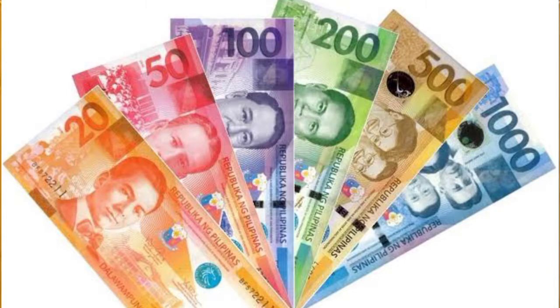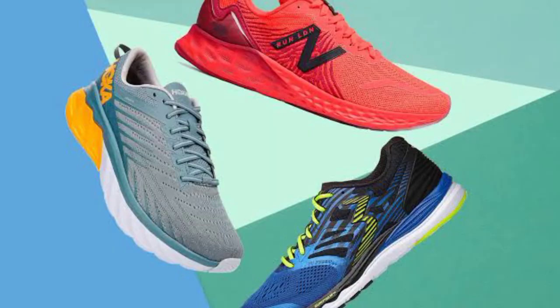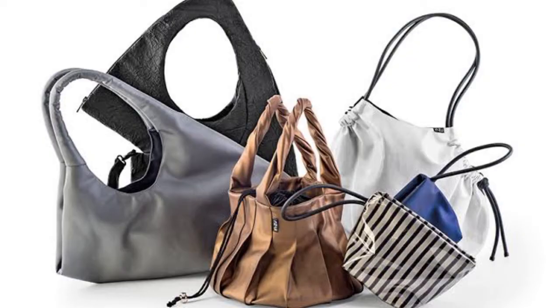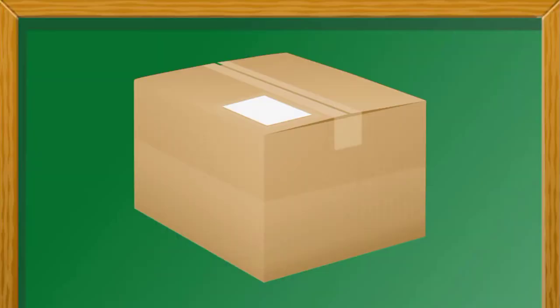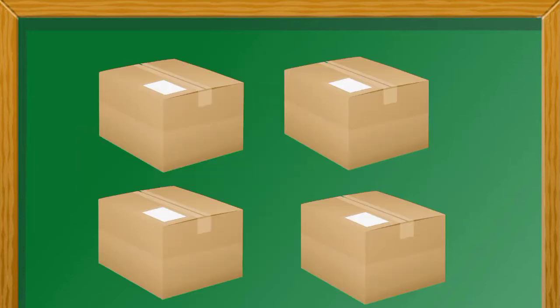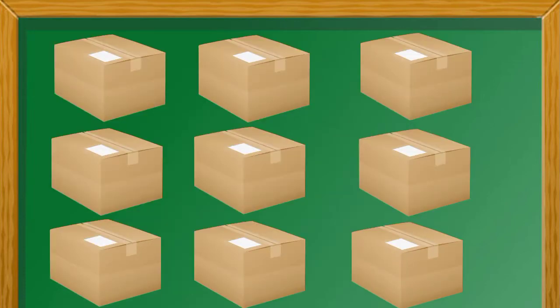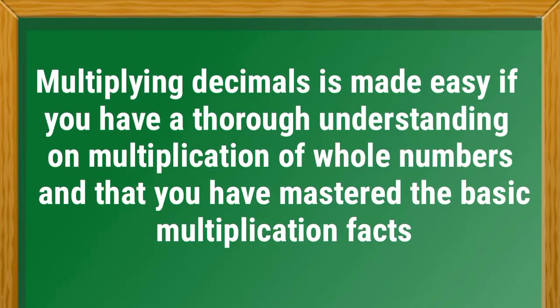It tells us the exact amount of money to be paid, especially if we buy a few pieces of one kind of item. In the same way, it helps us tell the total weight of two or more objects having the same weight.